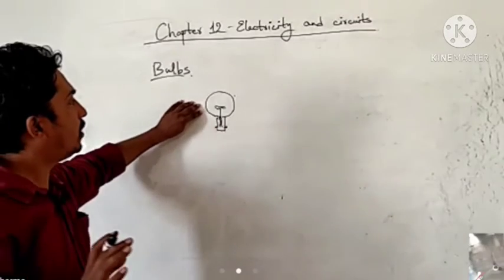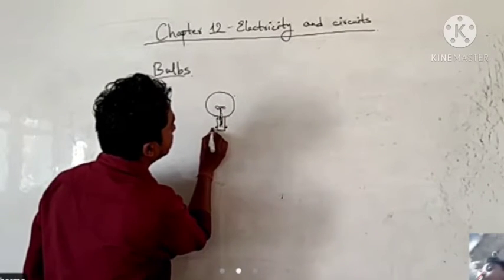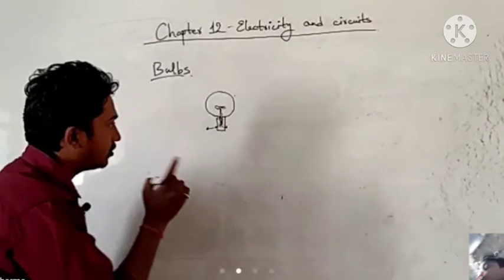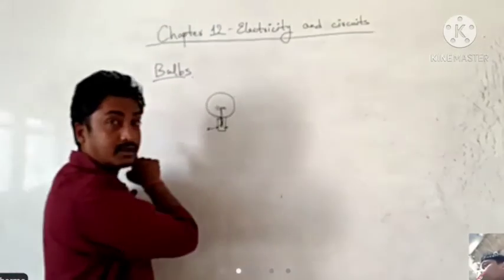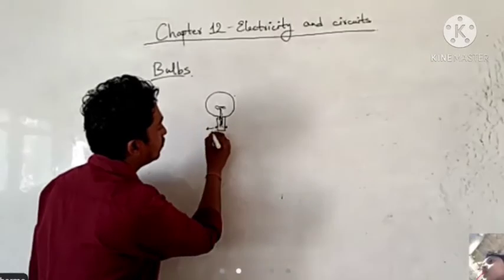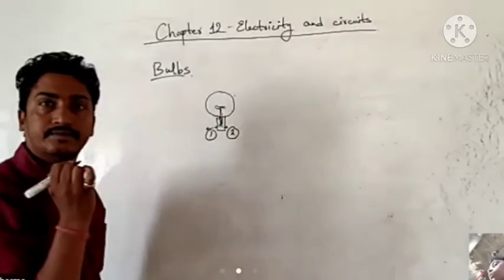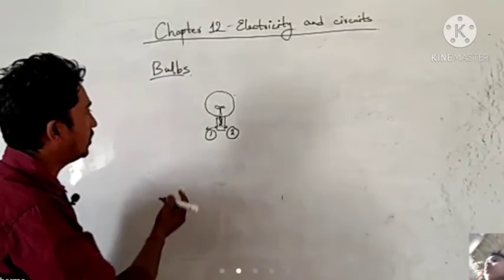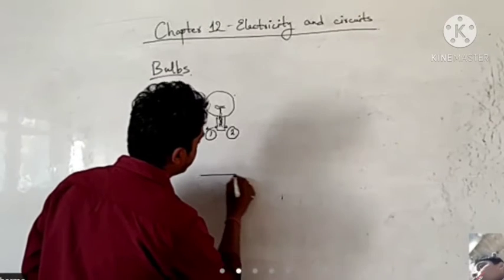So this bulb has a wire-like structure. One end is here, that means the wire is connected to one end of the battery terminal and another wire will be connected here. As an example, I'll make a simple electric circuit. Suppose this is a battery.